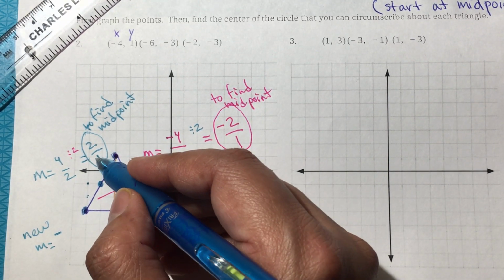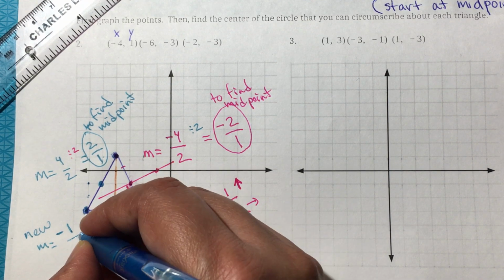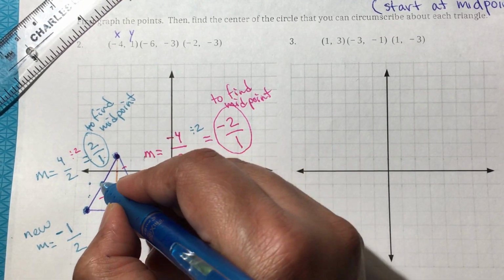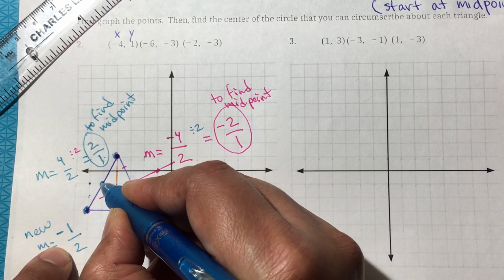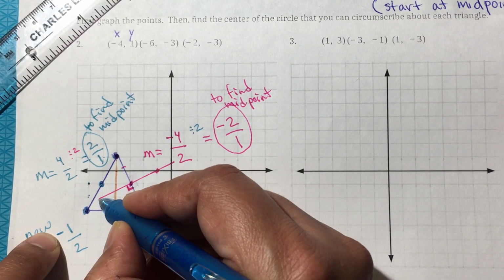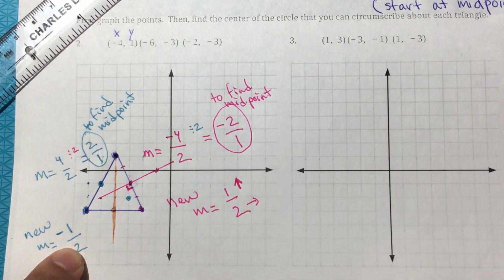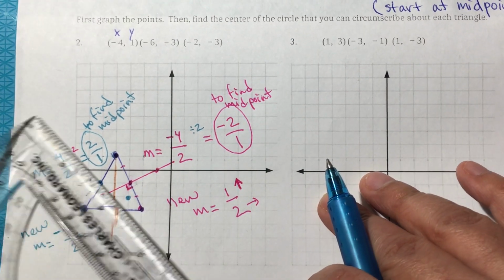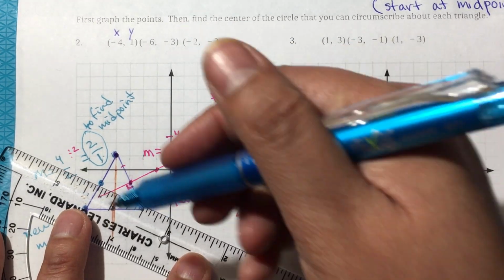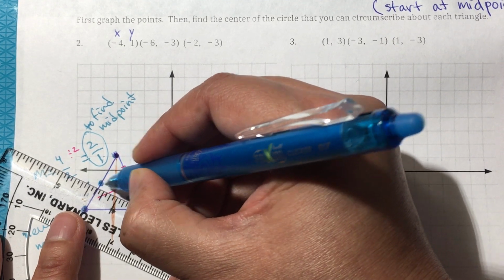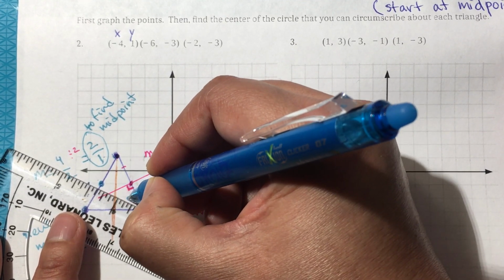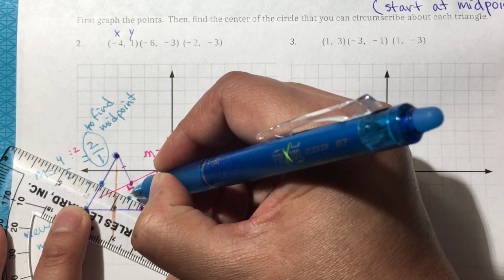And 2 over 1 becomes 1 over 2. Now I start from my midpoint and I go down 1 space and 2 to the right. Okay, that's where my perpendicular is going to cross. I connect the midpoint and the new point that I found, okay?